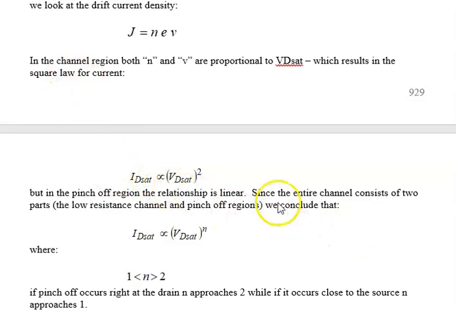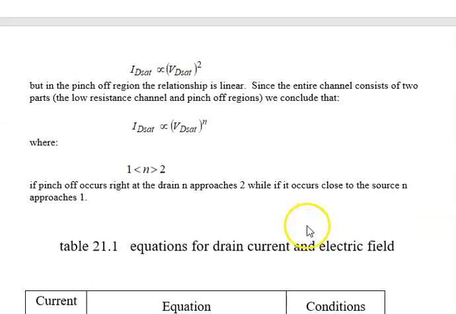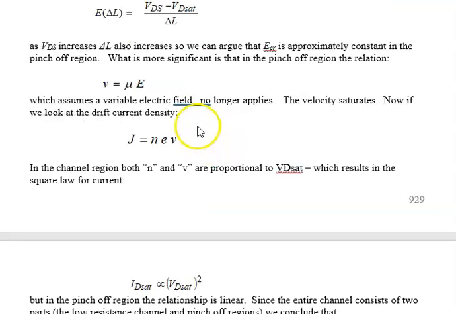Now, finally, and we're going to look at this in more detail a little bit later on, if a pinch-off occurs right at the drain, then indeed we will have a power of 2, because this equation will hold along the entire channel and only give out at the drain.